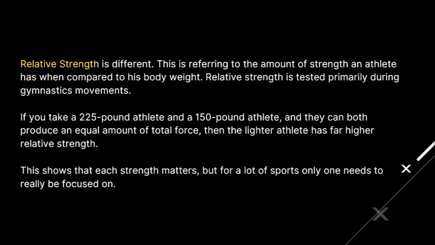Bakit nasabi natin na mas higher yung relative? Pantay lang naman sila ng total force. Saan nanggaling yun? No? Again, babalik tayo sa weight nila. Even though 225 pound ay mas larger yung body niya compared kay 150, kumbaga in this situation, napapantayan ni 150 pound athlete yung force na e-exert ni 225 pound kahit mas maliit siya.